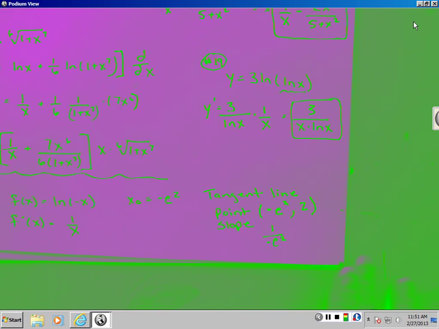But that's fine. That's a number. Like for the f prime, what would that be? 1 over x, that's the formula. So I evaluate this at x equals minus e squared. So I have minus 1 over e squared as my slope.